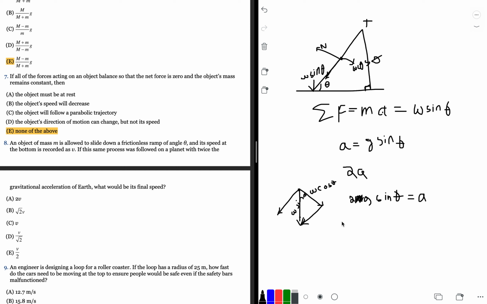The acceleration's constant, so we could actually use a kinematics equation to show that. The final velocity squared is equal to initial velocity, which is 0, at rest, plus 2 times the acceleration times the x. The x is the same, so we'll say delta x.